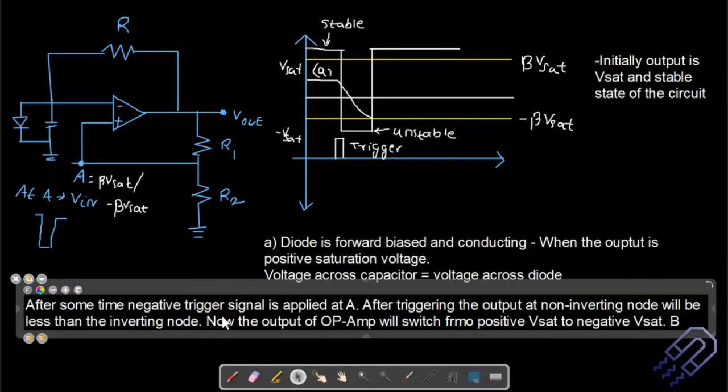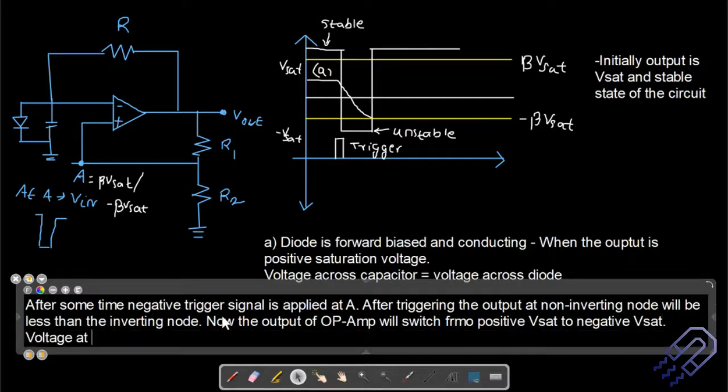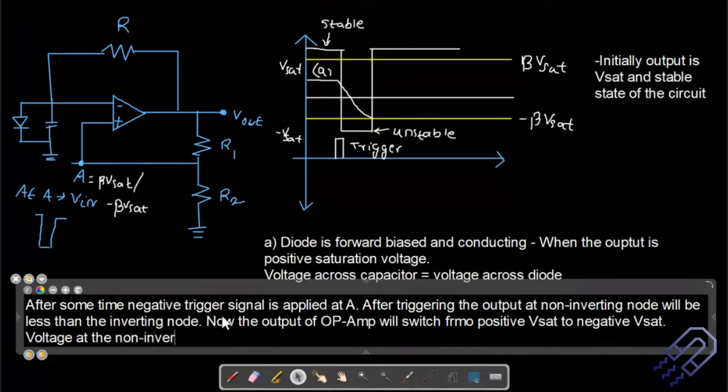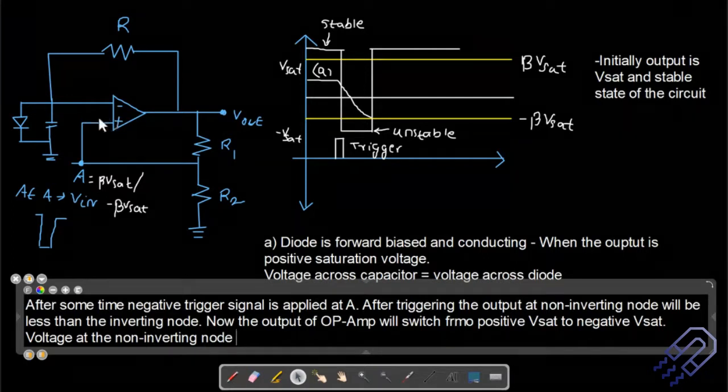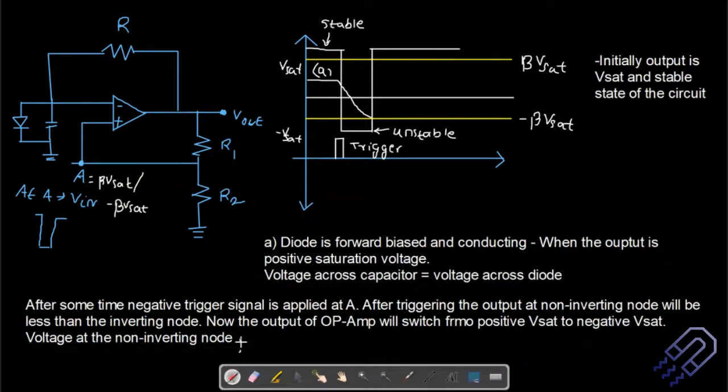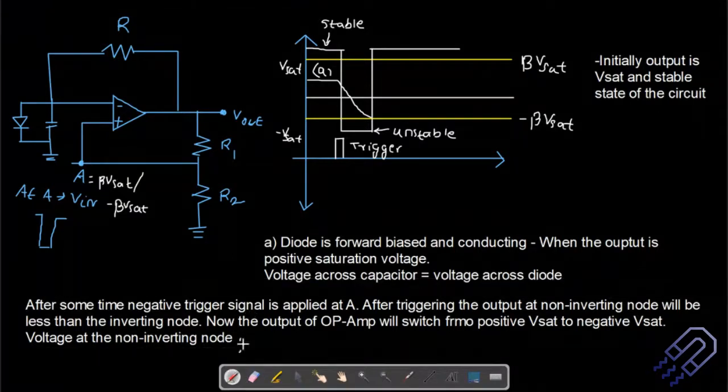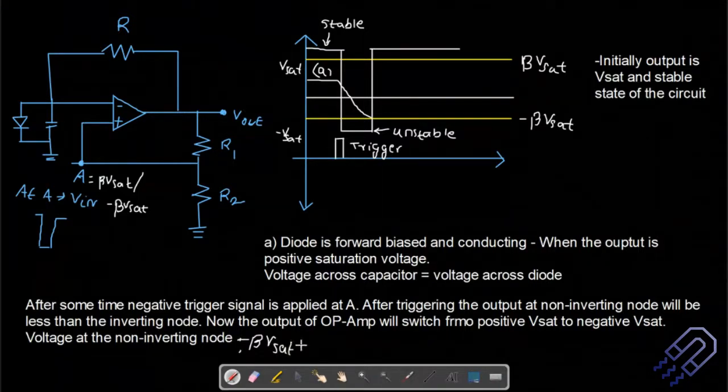If that happens, we have the voltage at the non-inverting node which is governing. We are not controlling anything at this point; we are controlling whatever is happening at this particular point. So the non-inverting node will be nothing but minus beta V sat. Right? There is minus beta V sat. So this is what is happening.